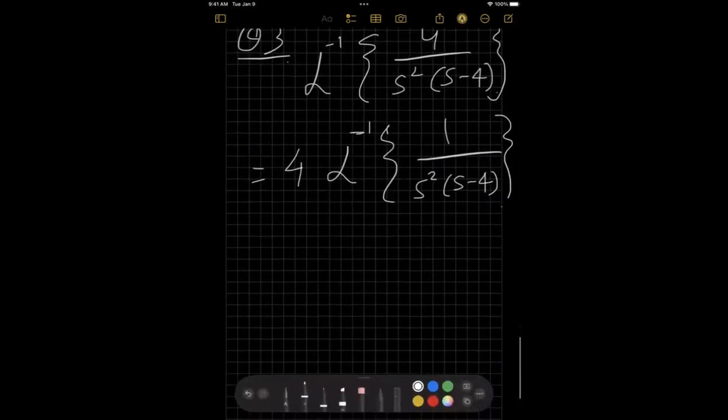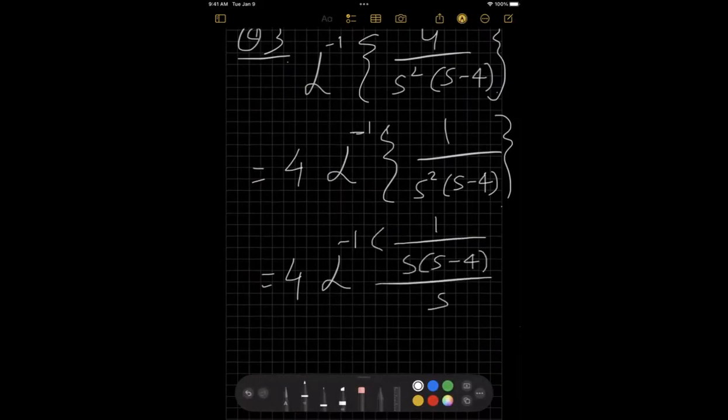Now I can write it, just as manipulation, as 1 over s into s minus 4, divided by s. It does not change the equation, fine.